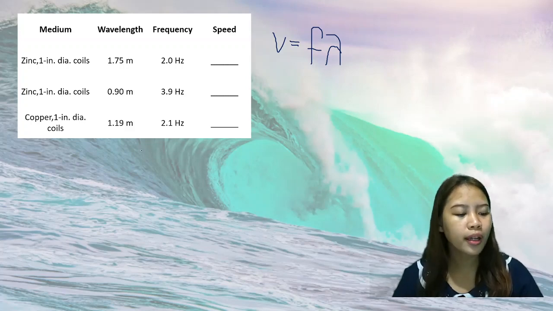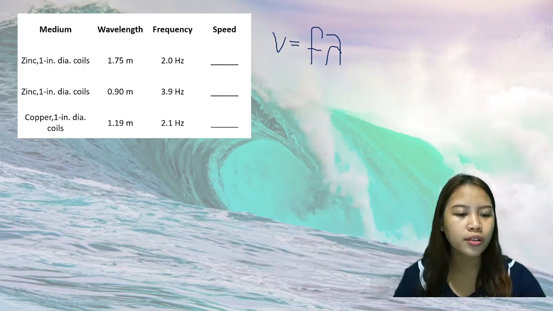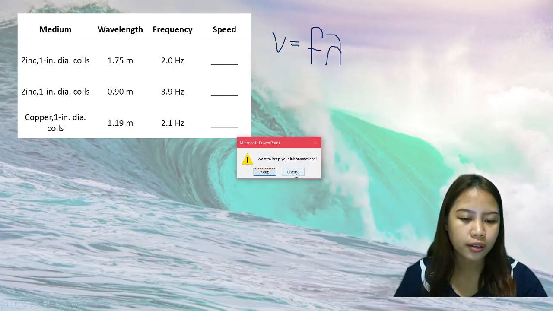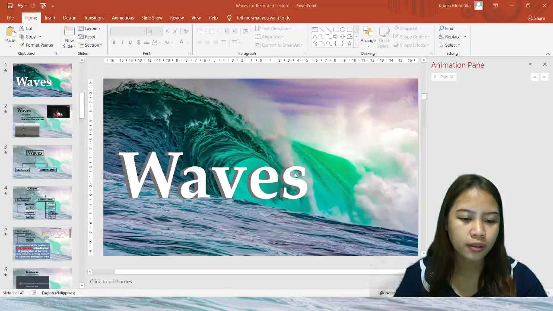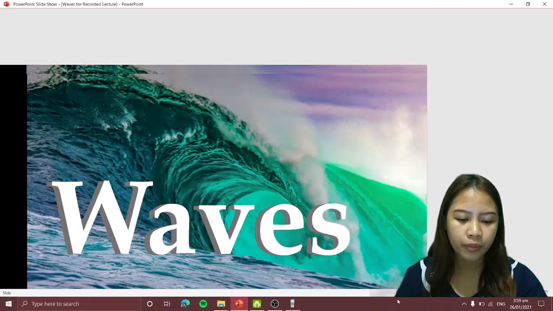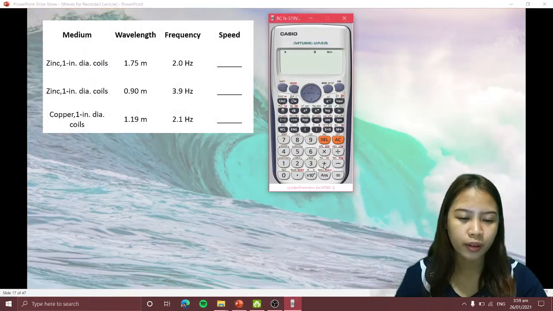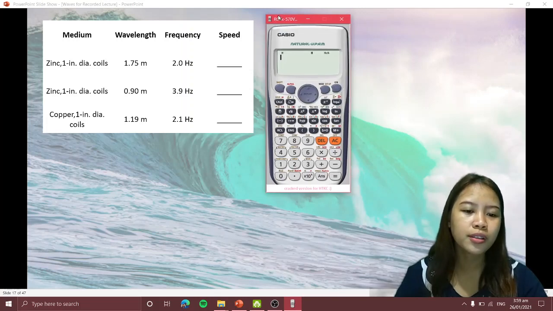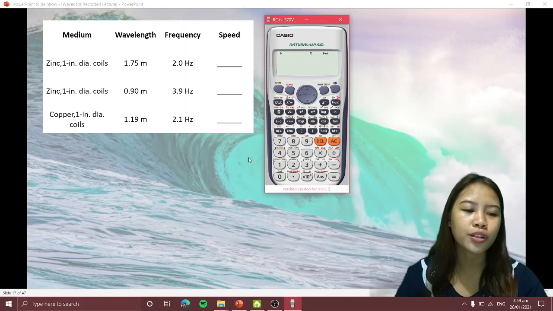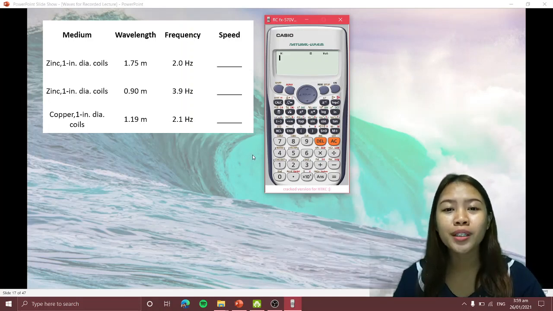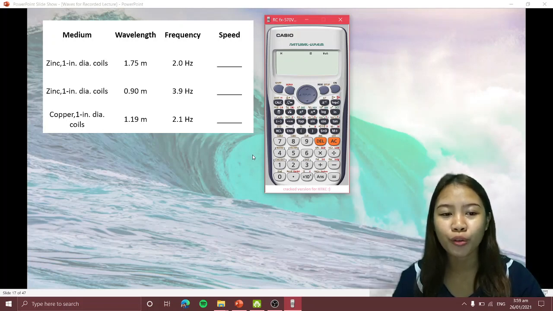Let us try to solve for the values by using our equation. v is equal to frequency times lambda, or the wavelength.